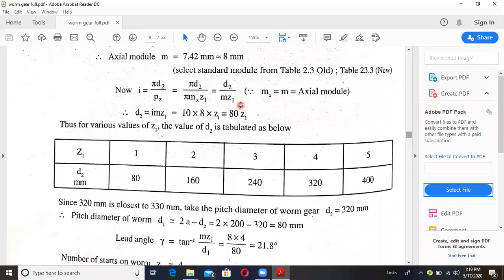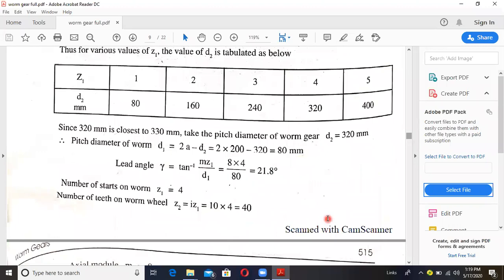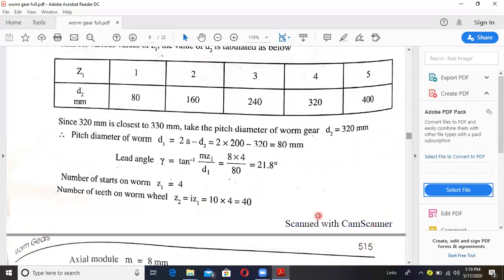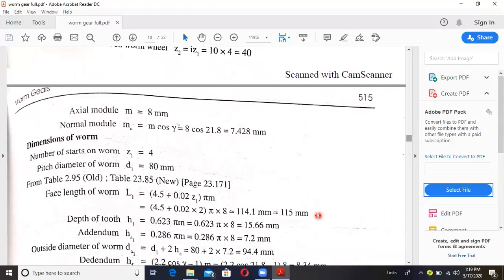Now we have to check the D2 we got previously and compare the value in this table. Whichever is the closer value, we take it as D2. After getting D2, again we have to calculate D1. Then we will get gamma, Z1, Z2, module and Mn. Clear up to here?